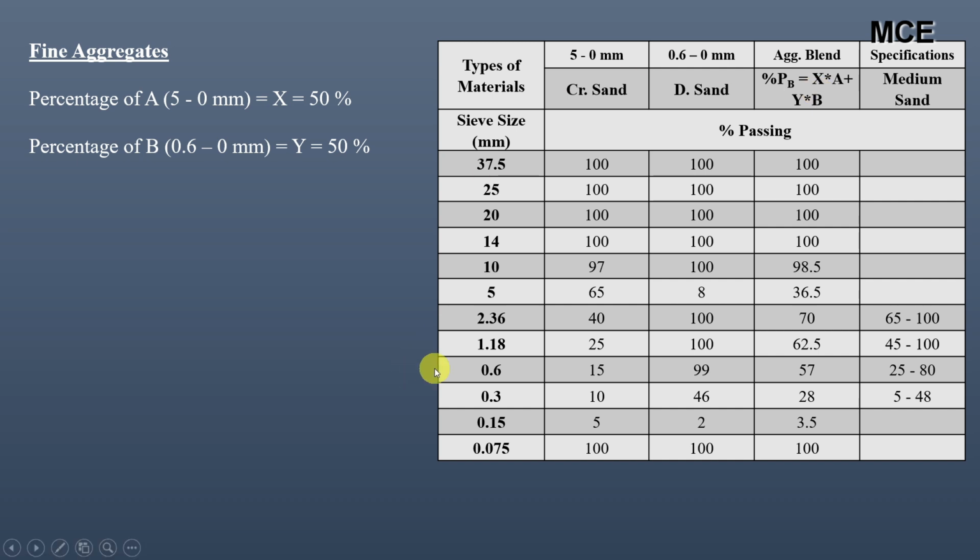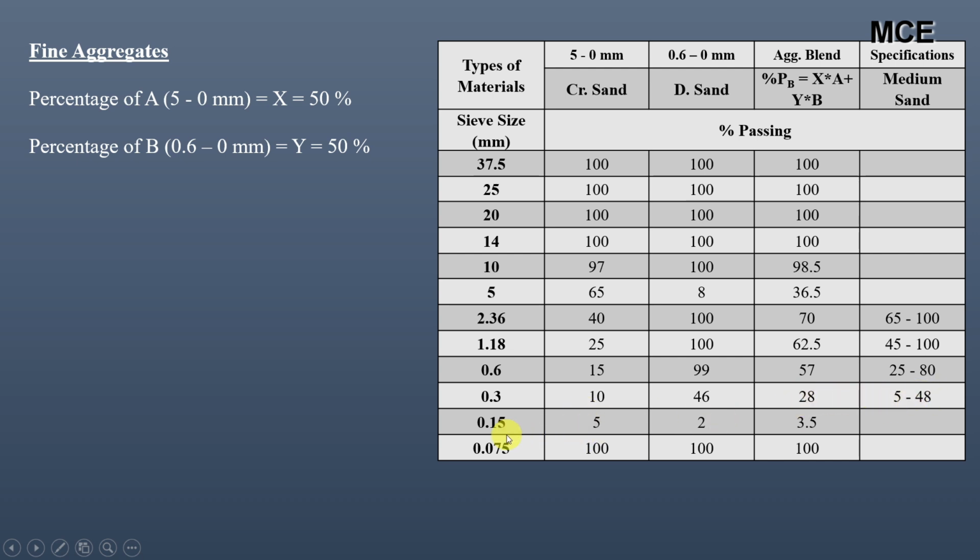So if I take my fine aggregate, starting from 2.36 to 0.075, it is 0.5 into 40 plus 0.5 into 100, this is 70, which is within the specification limit. Similarly, 0.5 into 25 plus 0.5 into 100 is 62.5, which is again in the limit. Similarly, 0.5 into 10 plus 0.5 into 46 is 28, which is again in the limit.